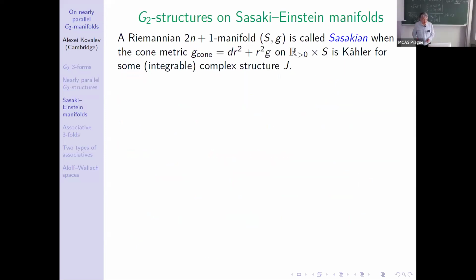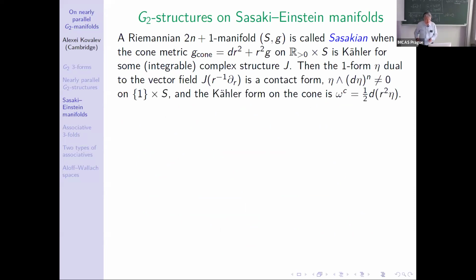So, okay, let's then look at this case when we have a Sasaki Einstein structure. So the cone then has a holonomy SU4. So the metric is in particular Kähler, for some integrable complex structure.